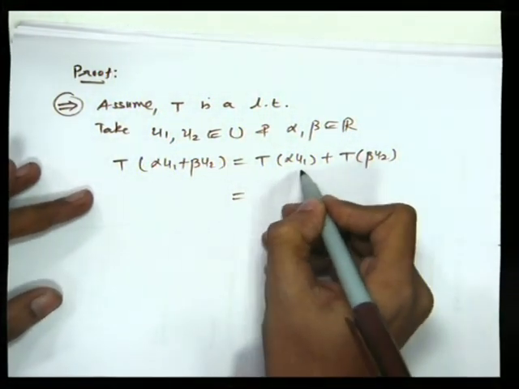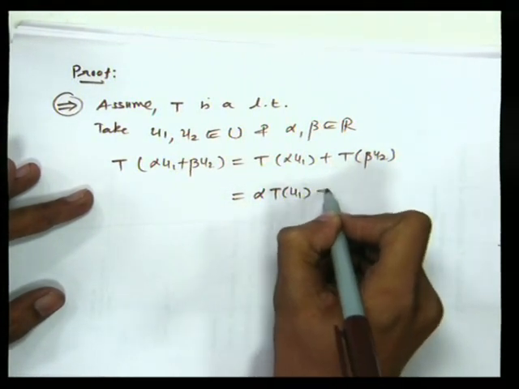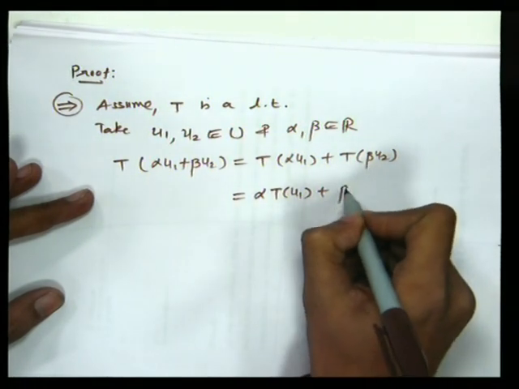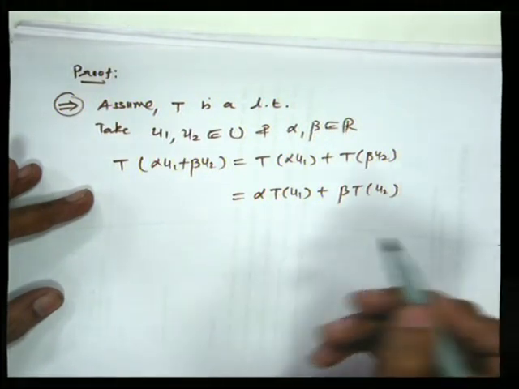Again, T of alpha u1 equals alpha times T of u1, and T of beta u2 equals beta times T of u2, by condition 2 of the definition.